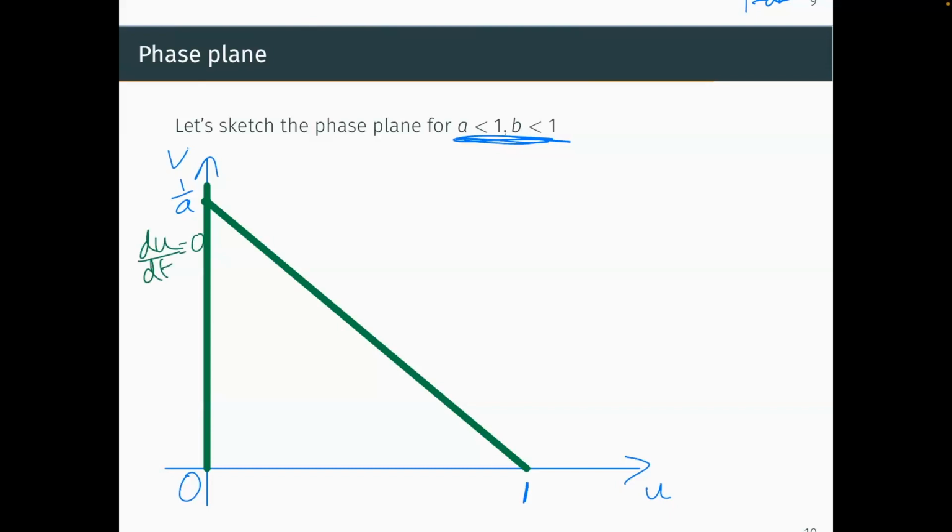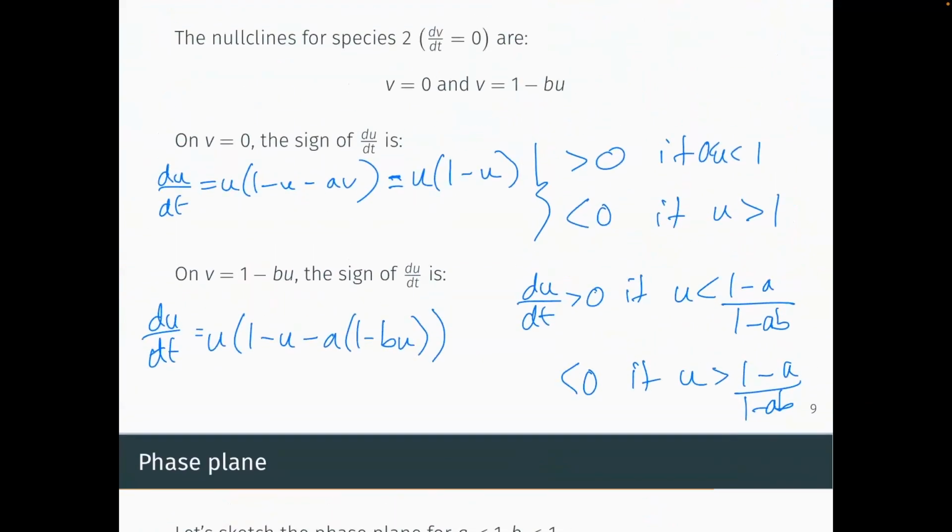Now let's do our nullclines for dv/dt. So for dv/dt is equal to 0, we had a nullcline when v is equal to 0, so along the horizontal axis. And our other nullcline was v is equal to 1 minus bu.